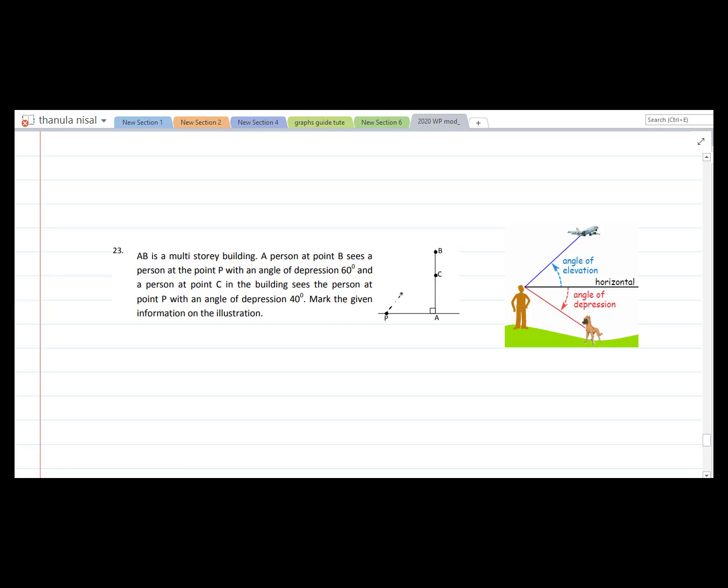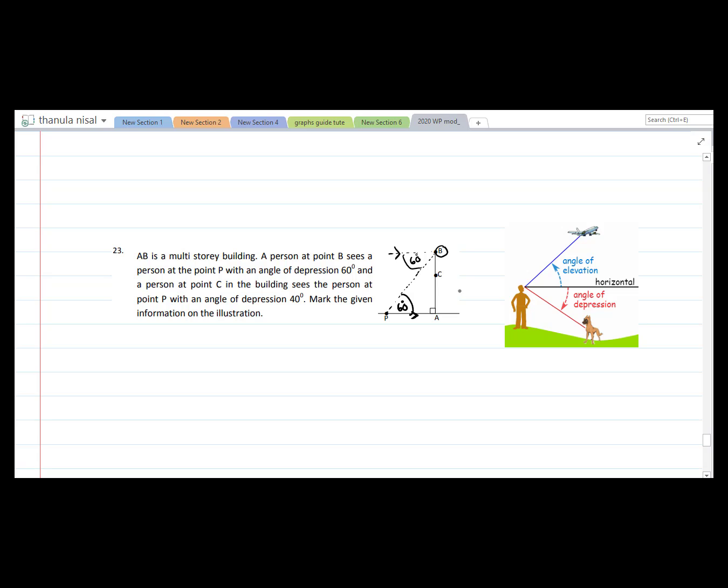That means, okay, this person is the seeker. This angle is 60. As these two lines are parallel, this angle must be 60.